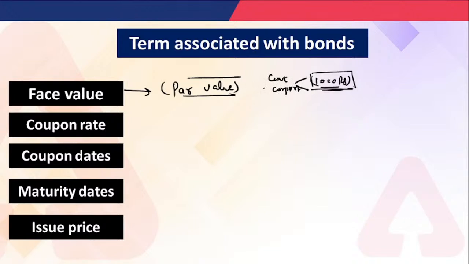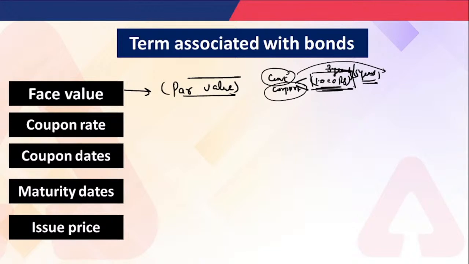Suppose the specified period is 5 years. That means after 5 years, the government, corporation, or company repays this 1,000 rupees. That is known as the face value.